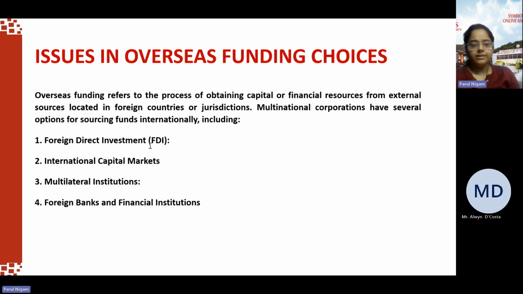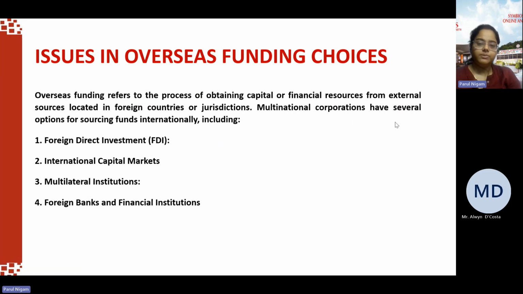So definitely, when we are issuing funds in the international market, there are a lot of issues. Overseas funding refers to the process of obtaining capital or financial resources from external sources located in foreign countries or jurisdictions.